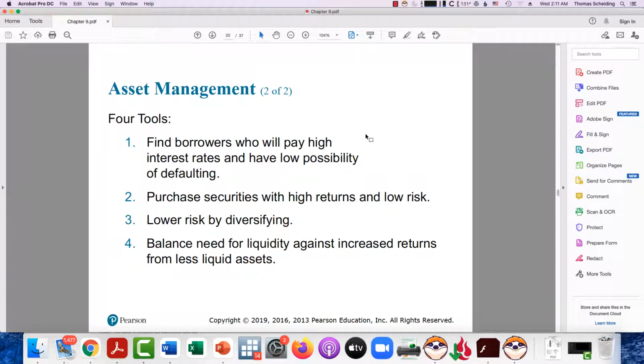When I'm trying to manage these assets, there are 4 key tools I would try to use here. First, I'm going to try to target my marketing as a bank to find borrowers who are going to pay interest rates that are high enough and where the default rates are low enough.